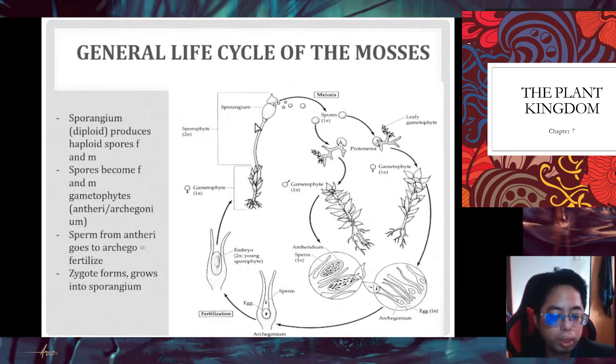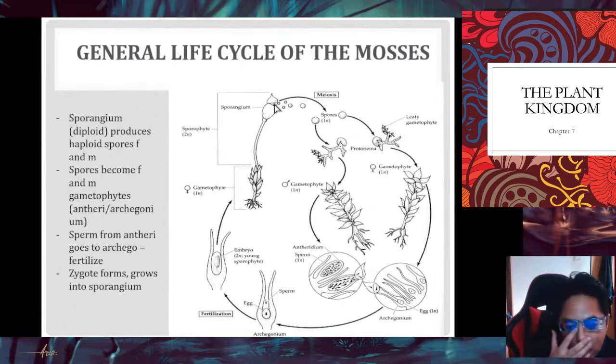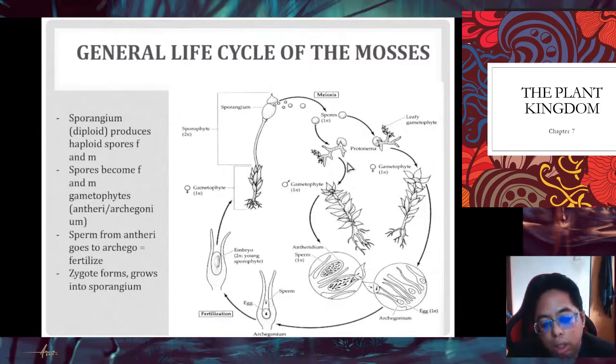You form this structure, and then this cap will open. What's in this cap? There are a lot of spores, and the spores will grow into the gametophyte again, male or female. For most of the time, this moss has half the amount of chromosomal content.